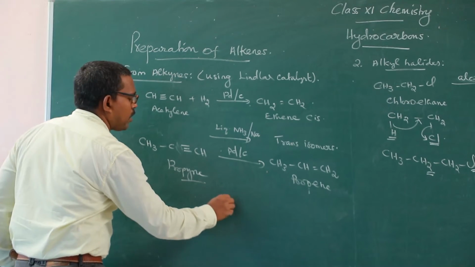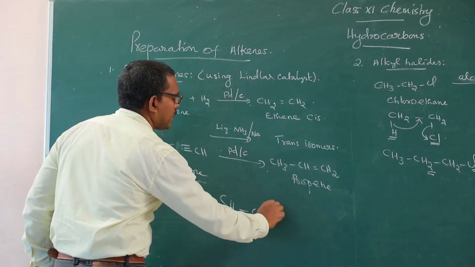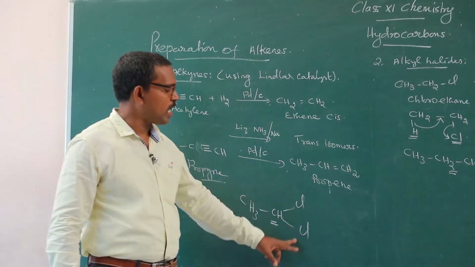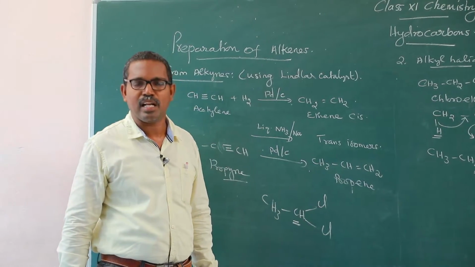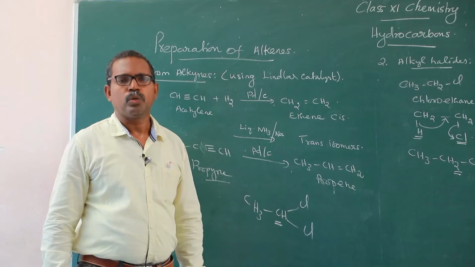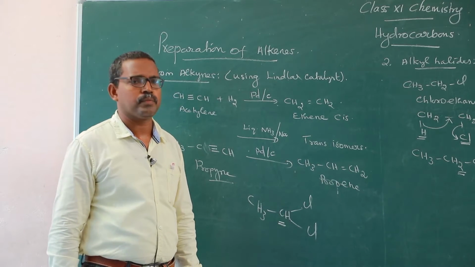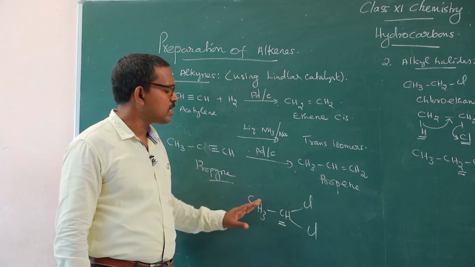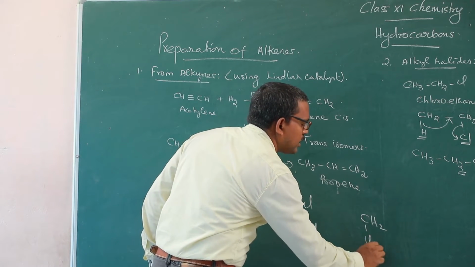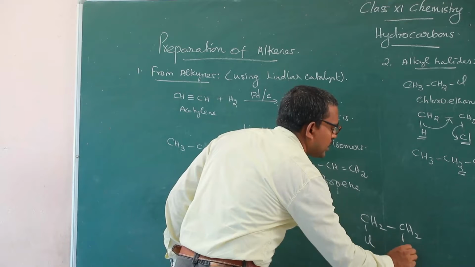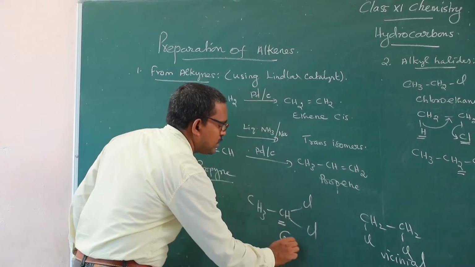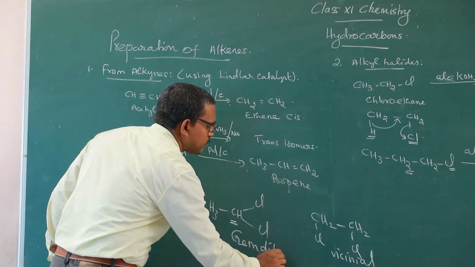This is an example of a gem dihalide, Cl, same carbon atom, two halogen atoms are present. A gem dihalide is an unstable compound. What is a vicinal dihalide? Two same halogen atoms present on adjacent carbon atoms, CH2Cl. This is a vicinal dihalide. This is a gem dihalide.